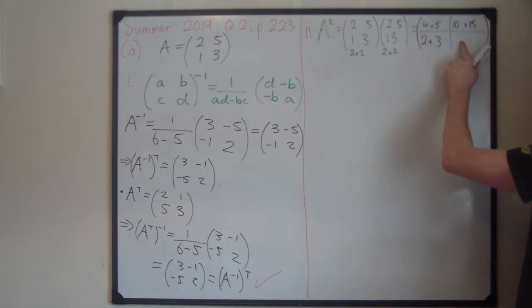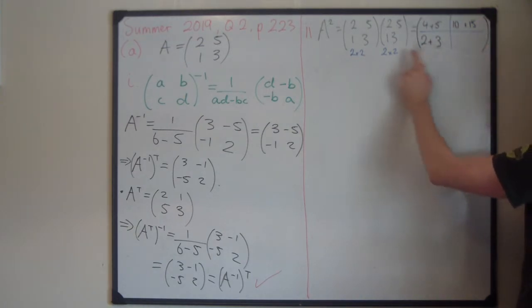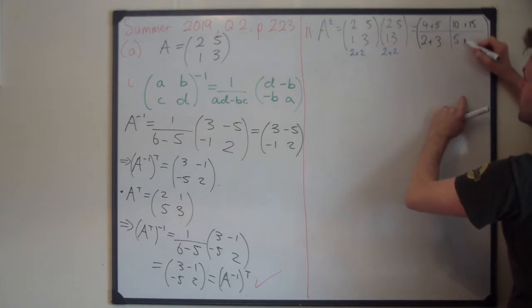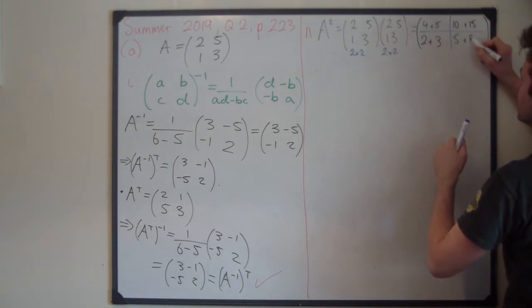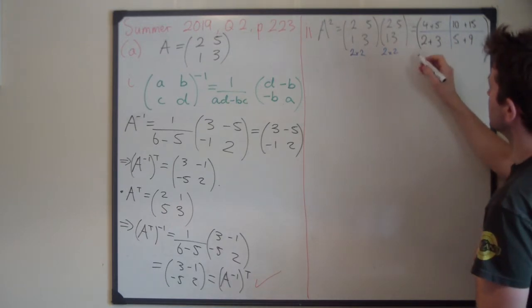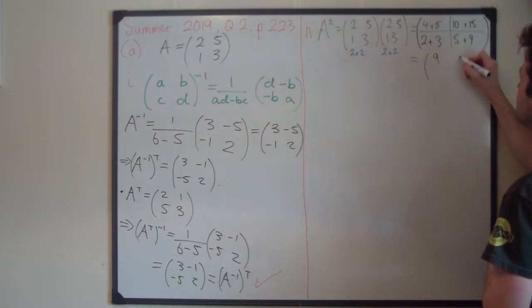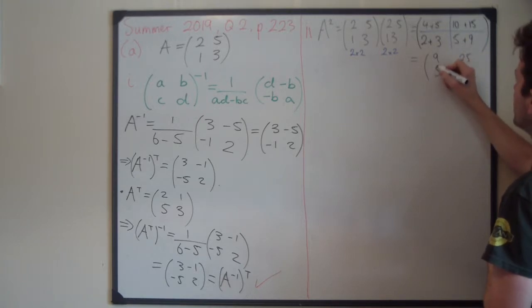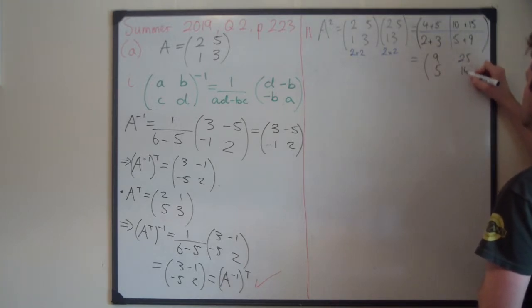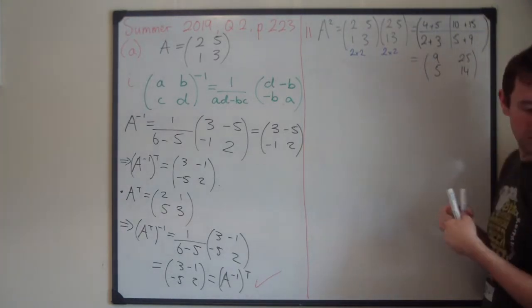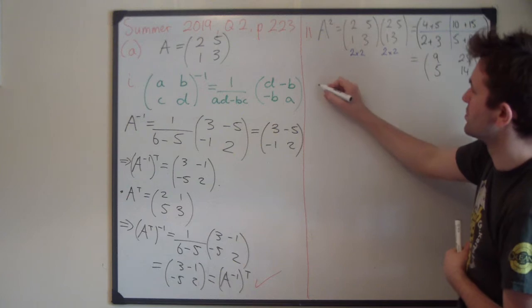And this is row 2, column 2, so I do row 2 by column 2. 1 by 5 is 5, plus 3 by 3 is 9. That's the matrix 9, 25, 5, and 5 plus 9 is 14. That's A squared. Now we want to go on to calculate A squared inverse.